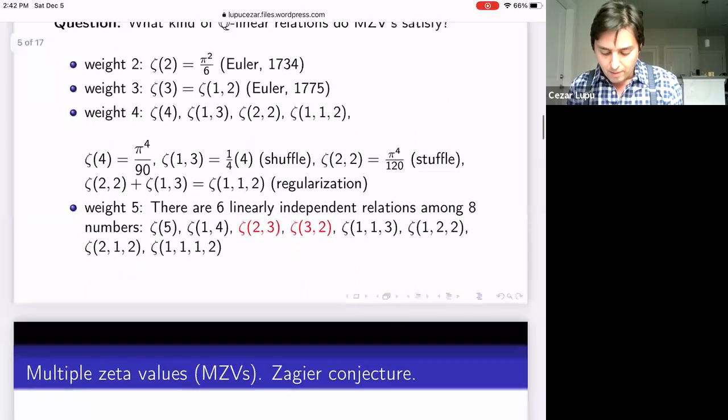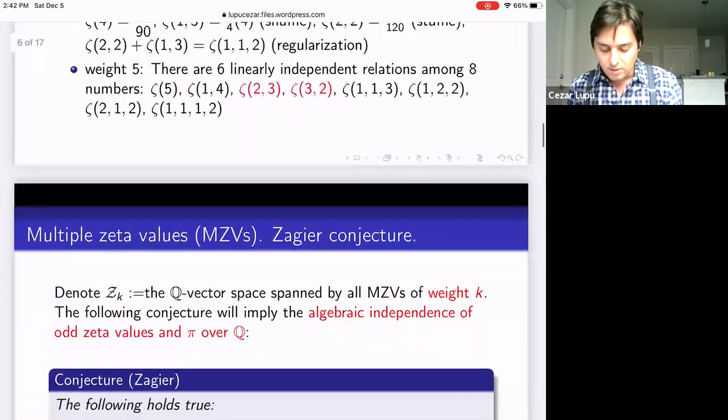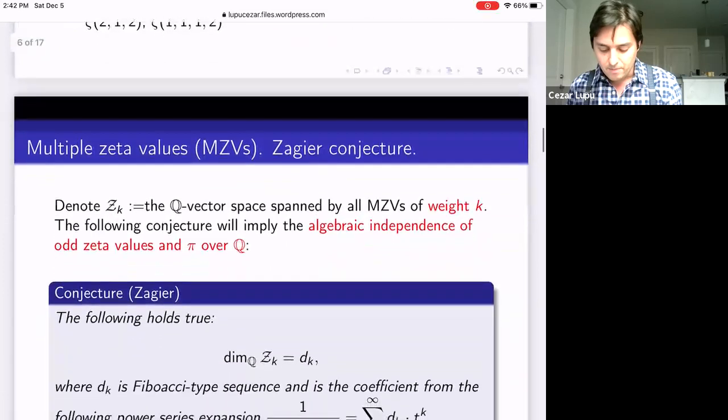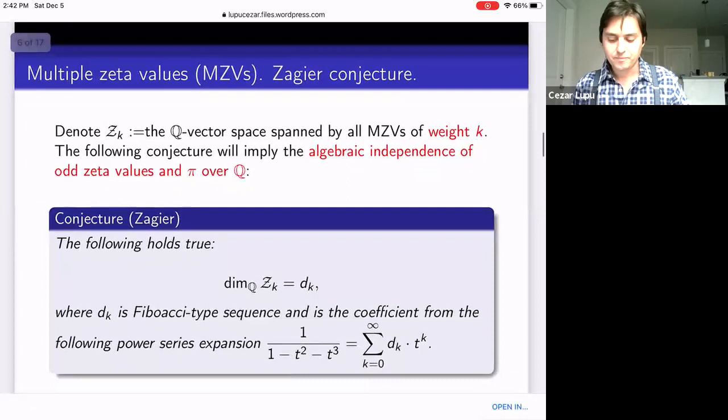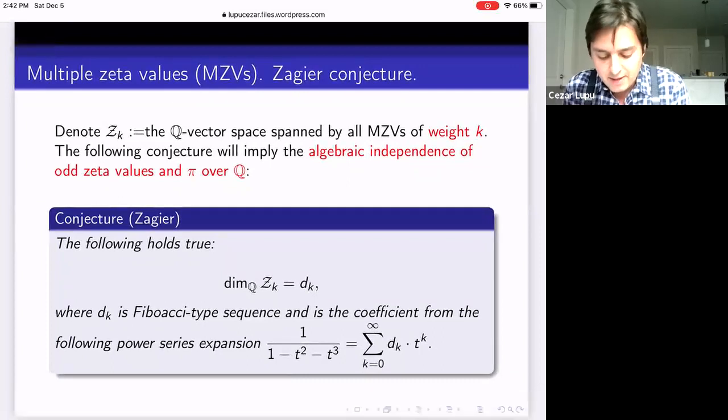All right. Now, let me talk about Zagier's conjecture, and I'll explain why this is important.